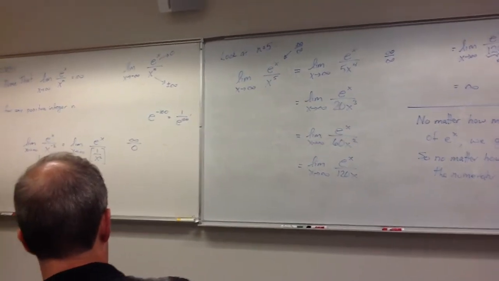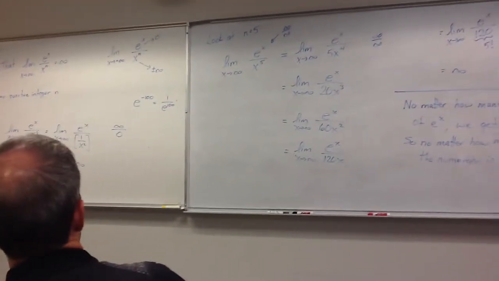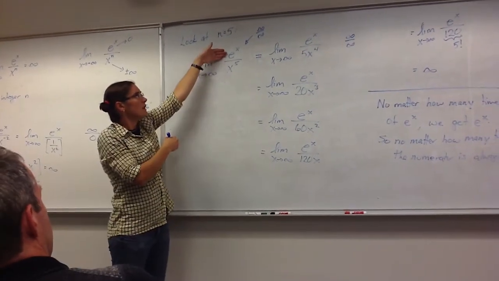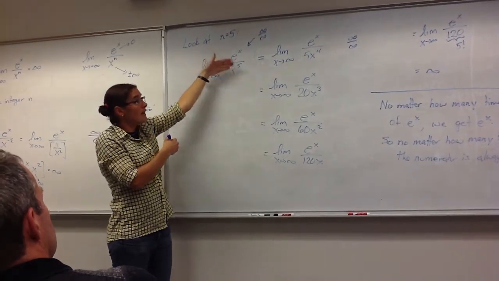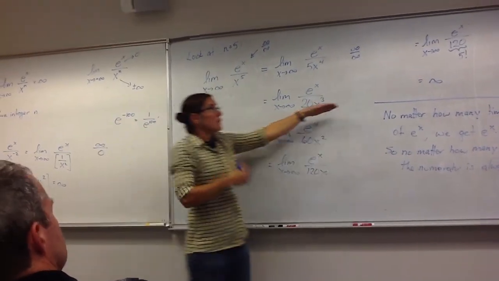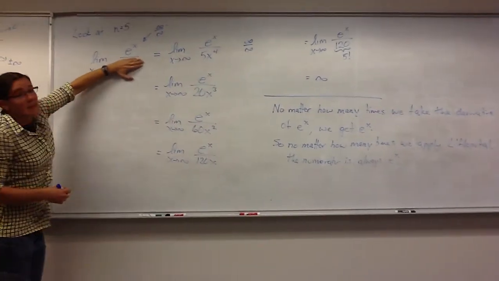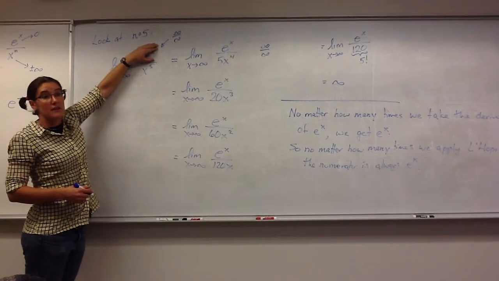All right, so lots of questions about these limits, but these are good questions because we want to understand these properties. We want to understand what happens to e to the x, say, as compared to x to the 5th. And by calculating this limit and getting a value of infinity, what we're saying is that this e to the x function is growing at a much faster rate than x to the 5th.